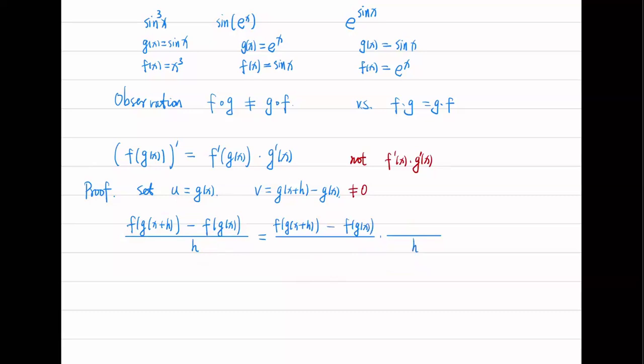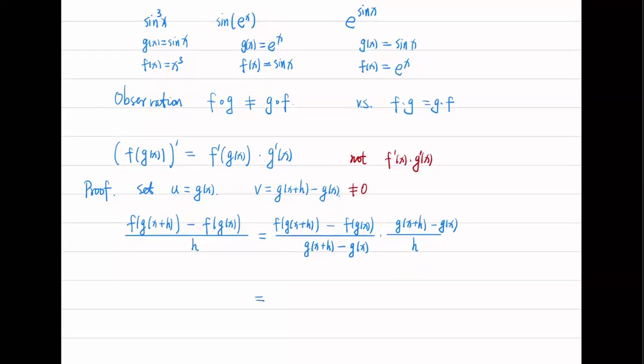For the second part, if we take a limit when h goes to 0, we know the limit exists and will be the derivative.